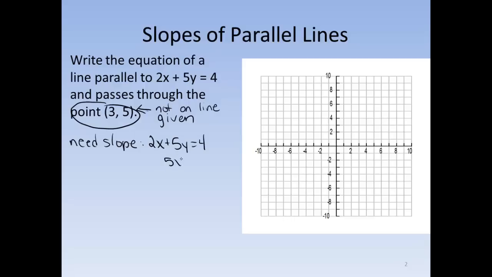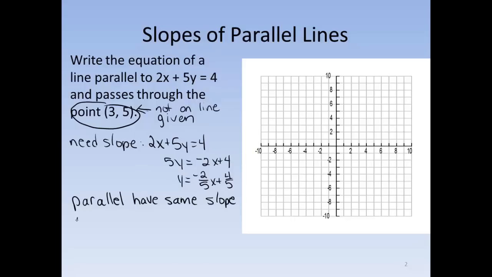So this becomes 5y equals negative 2x plus 4. Y equals negative 2/5 x plus 4/5. Now from here, parallel lines, we know, have the same slope.